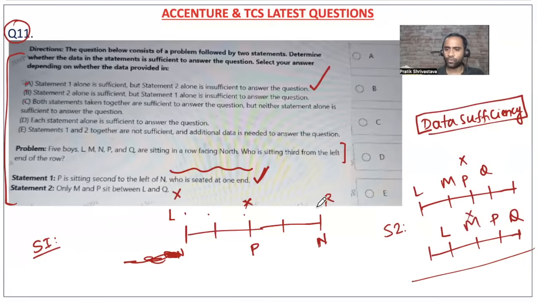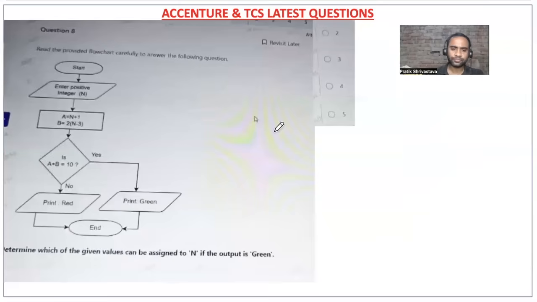So statement 2 is not giving us the correct answer because there are two possibilities. In one possibility, P is sitting third from the left, and in the second one, M is sitting third from the left. So it is very clear: statement 1 alone will be able to give the answer, whereas statement 2 not. So option A will become the correct answer. I hope this is clear.